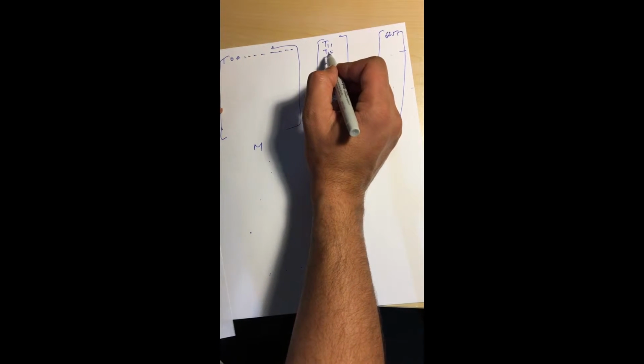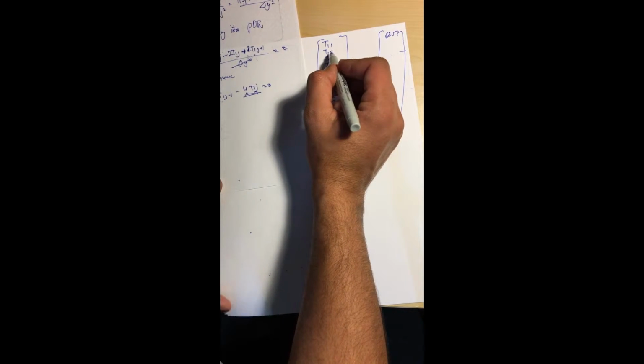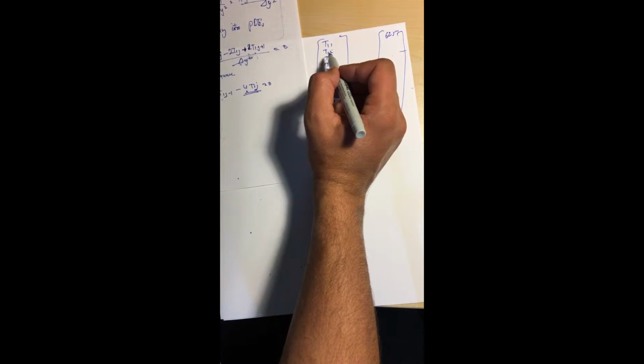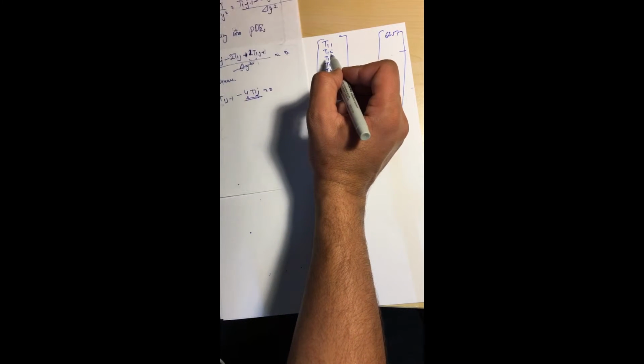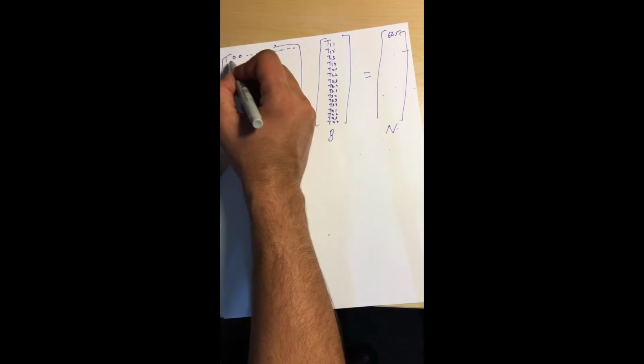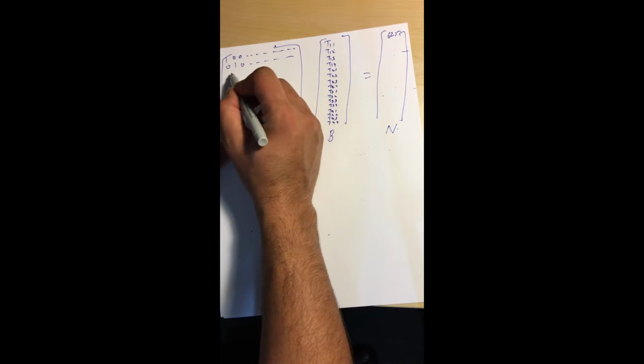At T(1,2), this point is 50, and T(1,3) is also 50. So let's do it: 0 1 0 0 0.